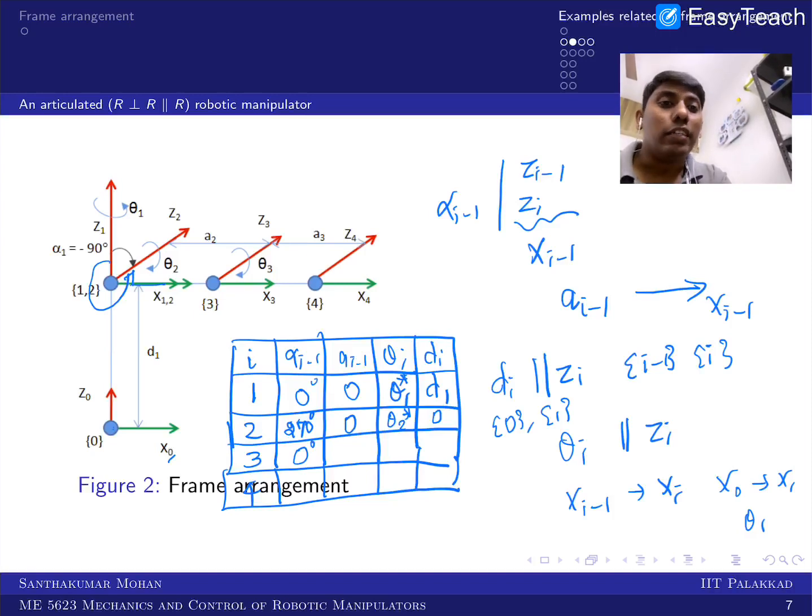Then the distance along x2 is what we call a2, and Z3 is the joint axis having an active motor, so theta 3 star is there, and there is no distance along Z3, so that is 0. Similarly you can extend: this is 0 degree, this is a3, there is no active joint, 0, and this is also 0.